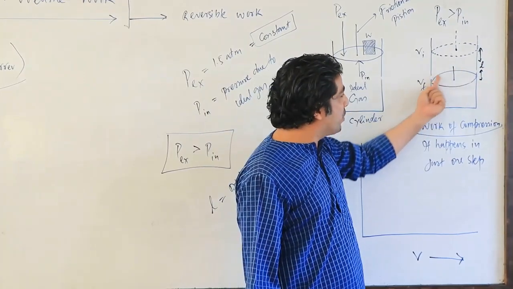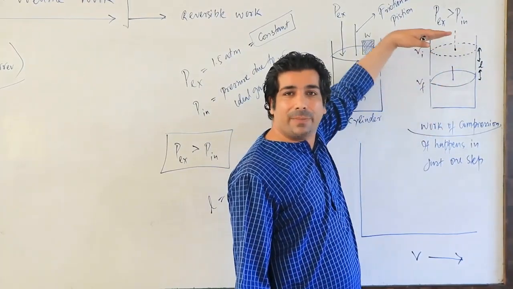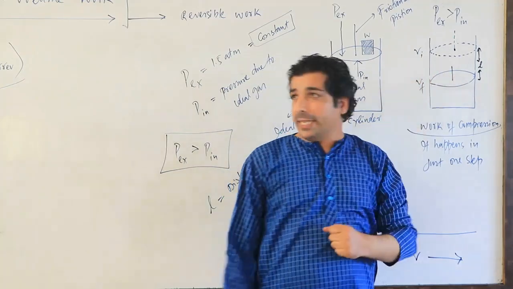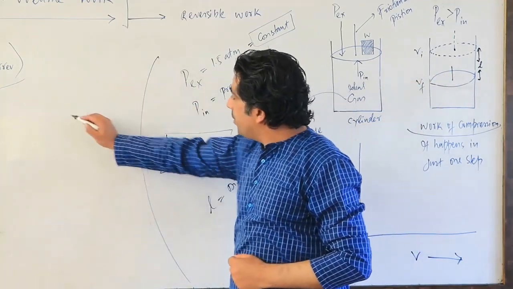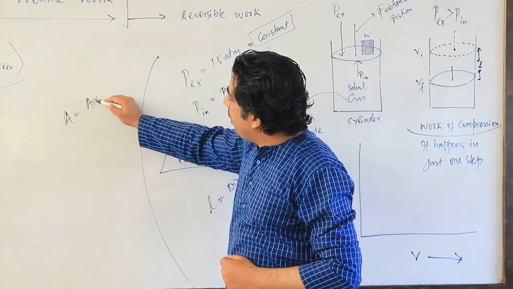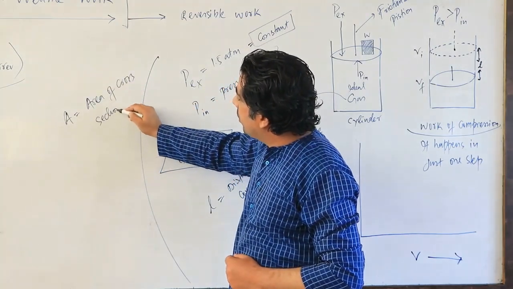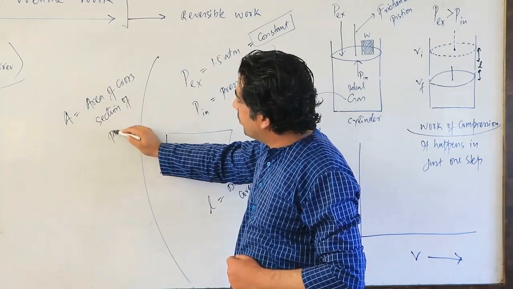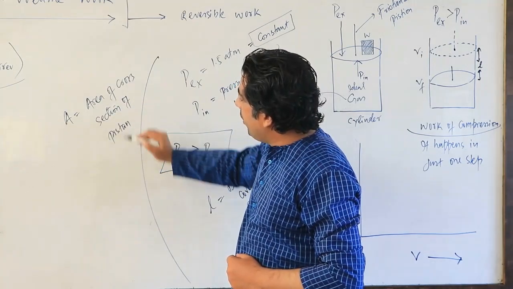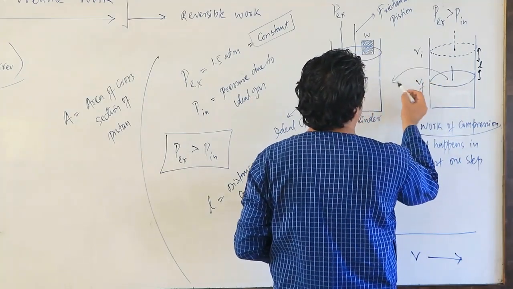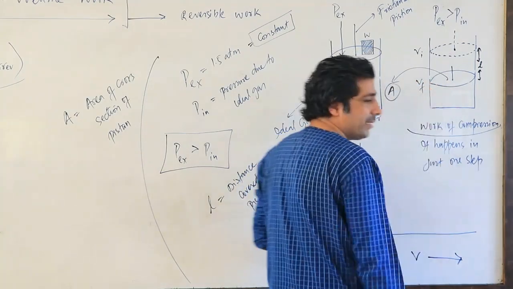The area of this particular piston is compressing a particular gas, ideal gas. So we will write down here, A is the area of cross section of piston. So my dear friends, we will take the area of piston as A.